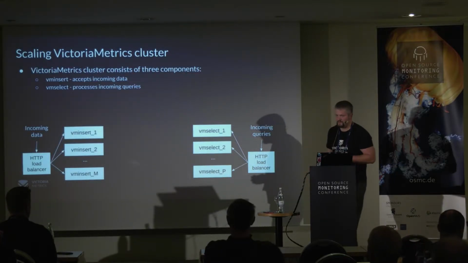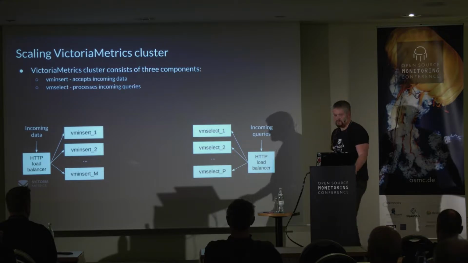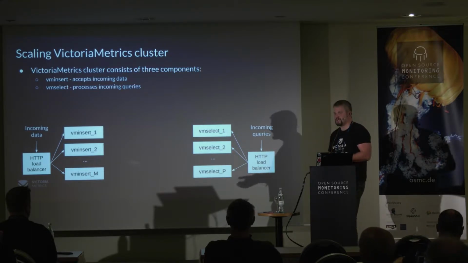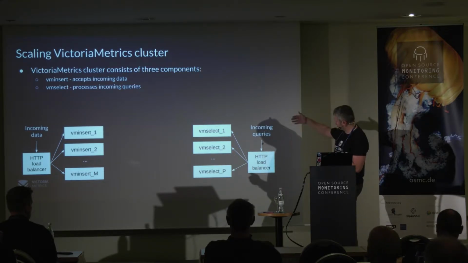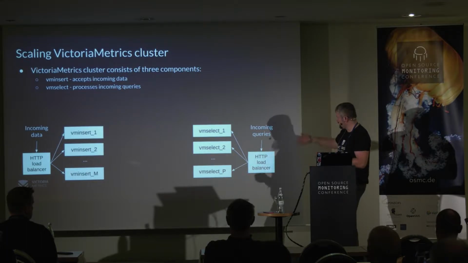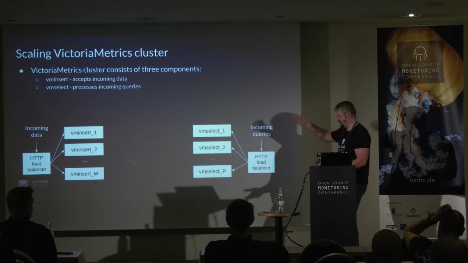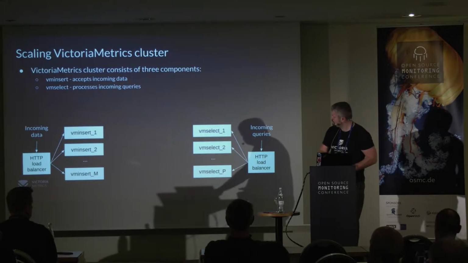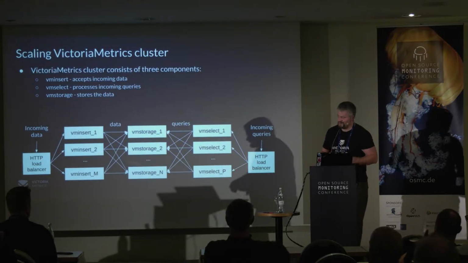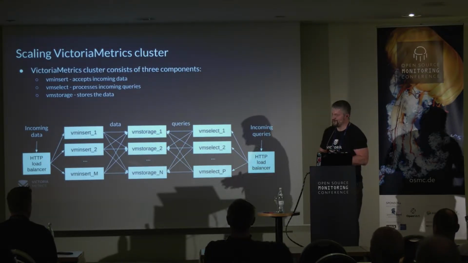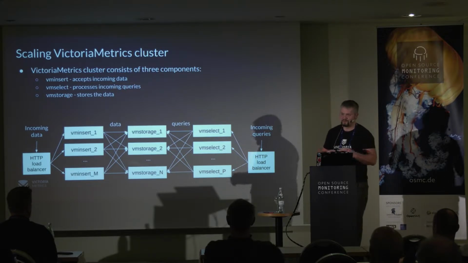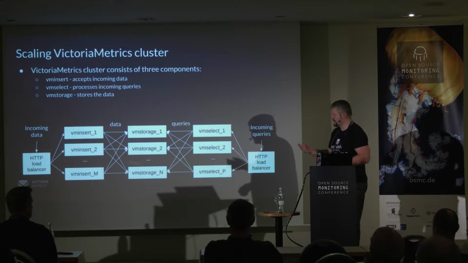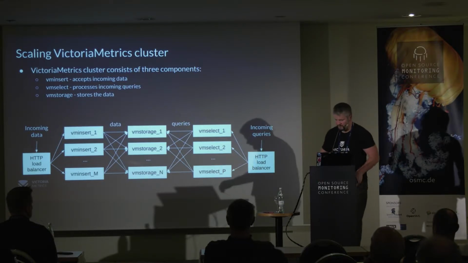Then there is a VM select component. It is responsible for processing incoming queries. It also works over HTTP protocol. Incoming queries go to an ordinary HTTP load balancer. The HTTP load balancer spreads these queries across available select nodes. And the third component, the most important component, is VM storage. It is responsible for storing the data and for returning the required data back to VM select components during queries.